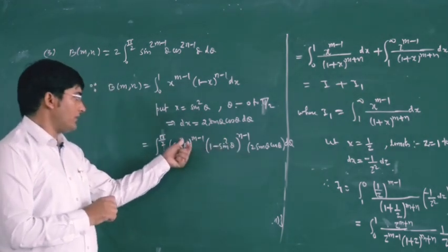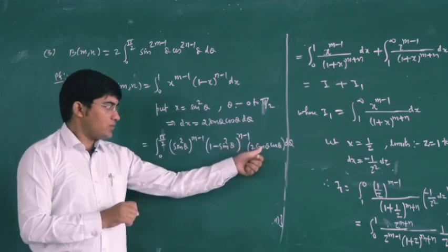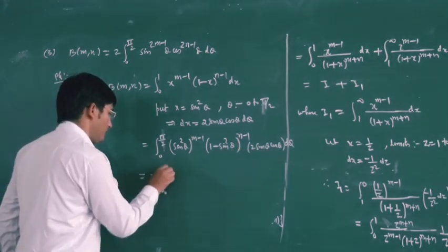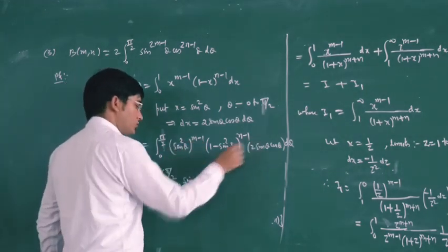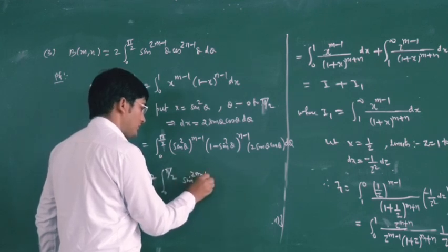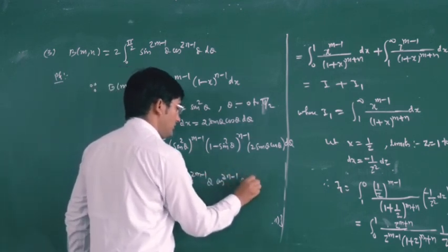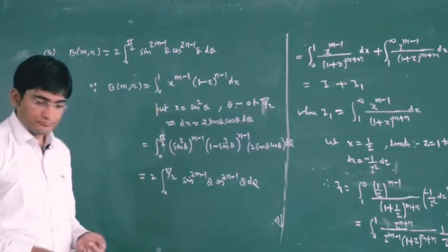So the power will become sin 2m minus 2, cos 2n minus 2, and the remaining sin theta cos theta is here. So this is equal to 2 times integral 0 to pi by 2. So we will have sin 2m minus 2 plus 1, so this is your 2m minus 1 theta. Then similarly we will have cos 2n minus 1 theta d theta. So this is your property number 3.